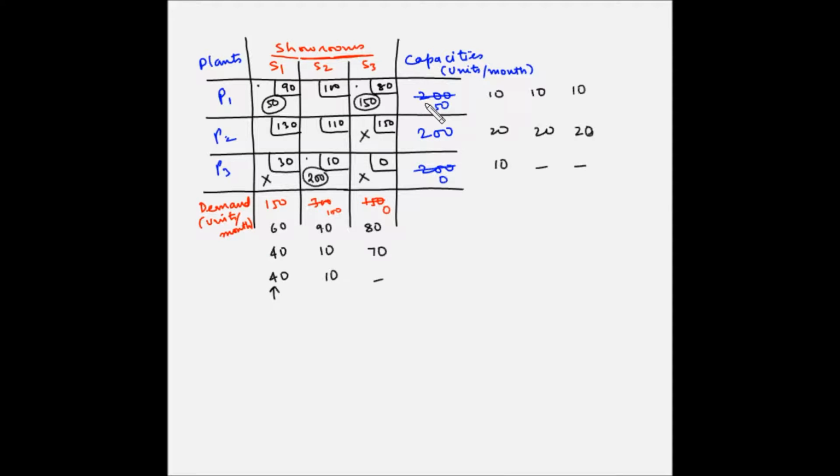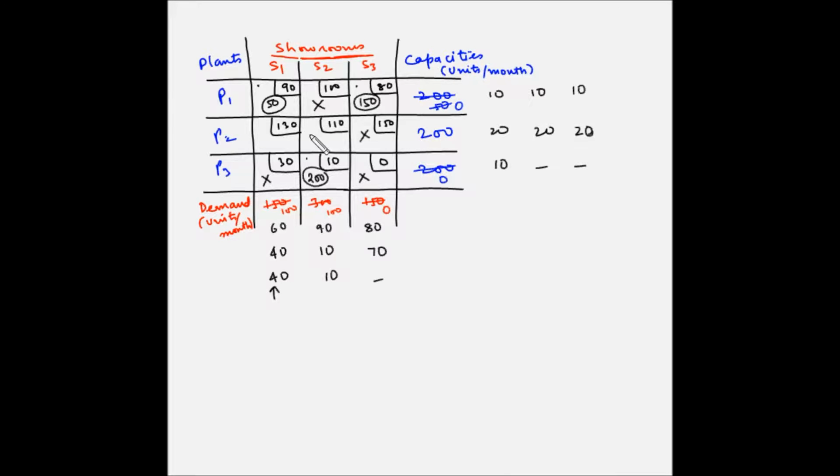Now with this allocation, the supply capacity remaining at P1 becomes 0, while the remaining demand at S1 is now 150 minus 50, which is 100. Since the entire supply capacity at P1 has been exhausted, let's cross off the remaining boxes, indicating that they are no longer available for allocation.